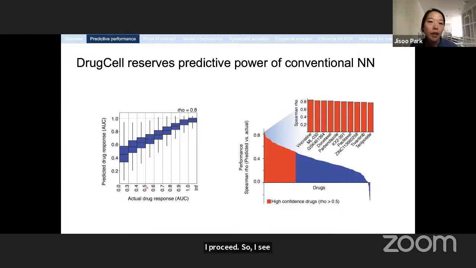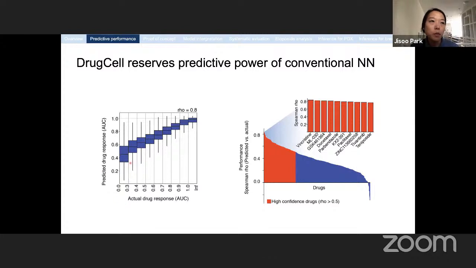I see. Yeah, it's one of the things that we have to also think about moving forward to further improve the model's predictive performance. One thing that I should tell you about the data itself is that the training data is pretty imbalanced, that there are more resistant drug response data than sensitive drug response data.